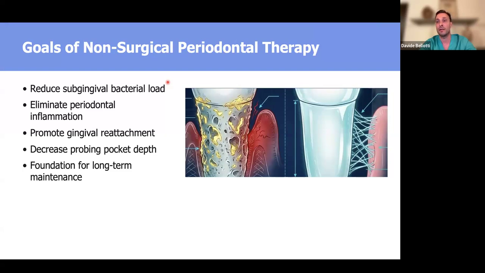That's the first main goal. It eliminates periodontal inflammation, to promote gingival reattachment. And in that way, we decrease the probing depth of the pocket.